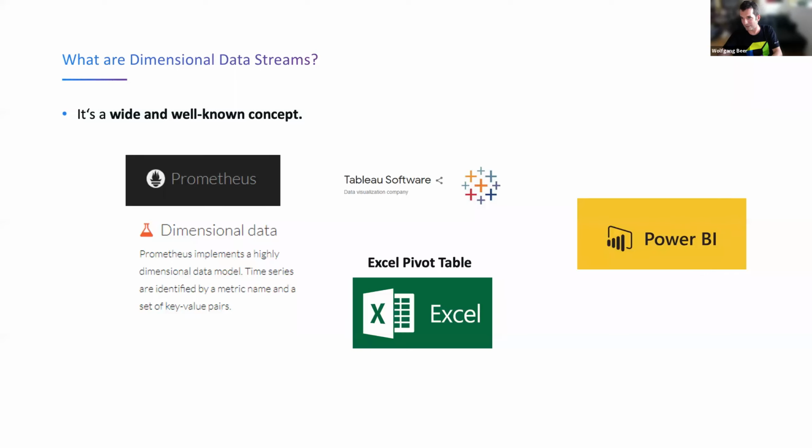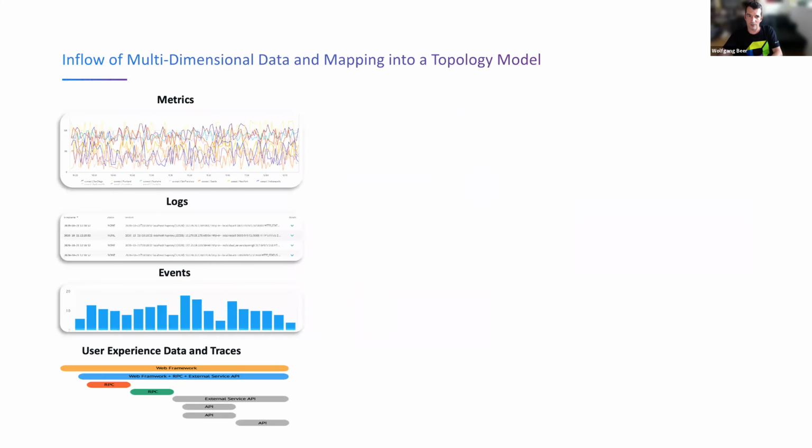So instead of waiting for somebody to build a pivot table, we are doing that automatically all the time for all the information that is streaming in. So what do I mean with all the information that is streaming in? The term observability already mentions the scope that we are talking about.